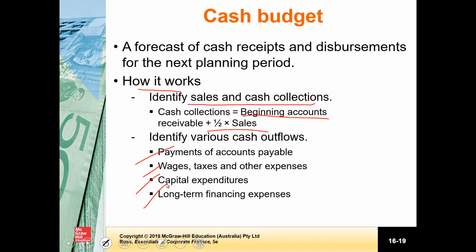And last of all is long-term financing expenses. This category includes, for example, interest payments on non-current debt outstanding and dividend payments to shareholders. Okay, so we identify the sales and collection, and we deduct the cash outflows to get an estimate of a cash surplus or a cash deficit.